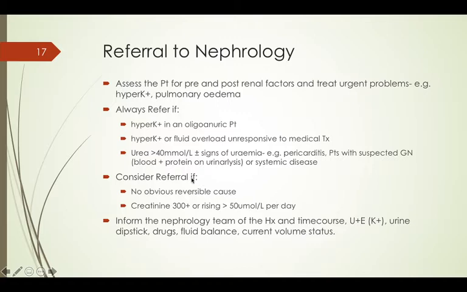And there are some instances where you ought to consider referral, but not as urgently as the 3 listed above. And always tell the nephrology team in an S-bar manner, tell them the situation, so you know who the patient is, what they've presented with, their background, past medical history, things like diabetes, peripheral vascular disease, heart failure, your assessment of the patient, pretty much an A2E, and any of the examinations that you've done, blood tests, and then recommendation, what you think ought to be done.